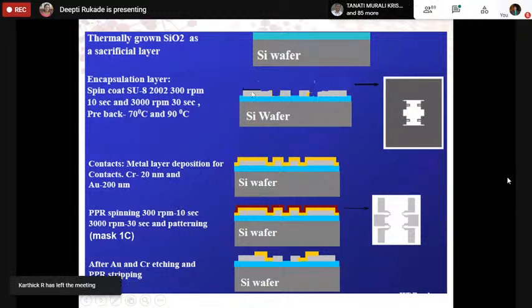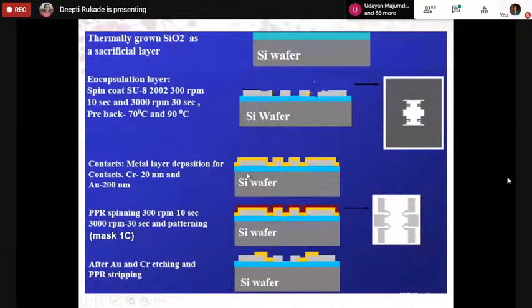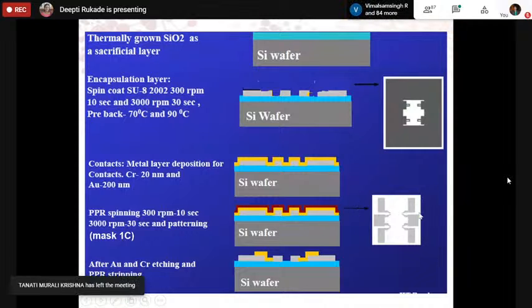Then after that, once you pattern this SU8 resist, you need contacts. So for contacts, we normally use chromium gold. So here we have 20 nanometers chromium and gold, and then you go for a second level litho, which gives you this red pattern that you can see.